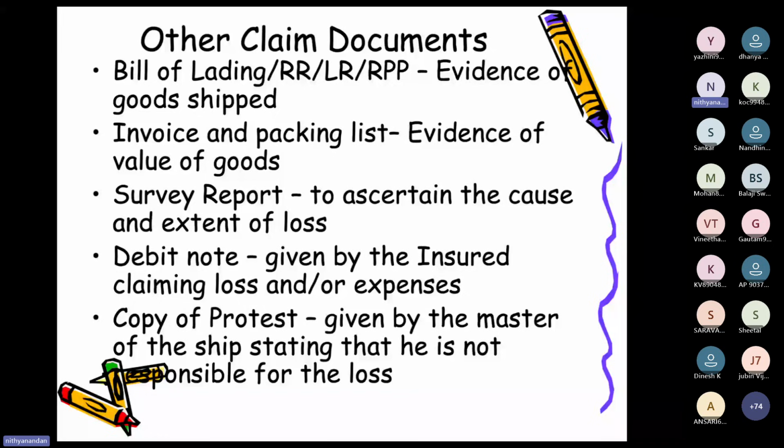If in spite of the crew's better handling the loss has happened, then we cannot go for recovery rights. To know whether we have recovery rights or not, we need this document. This document is given by the ship's owner stating that we are not liable for any damage. We are not liable for any damages happening to the goods.